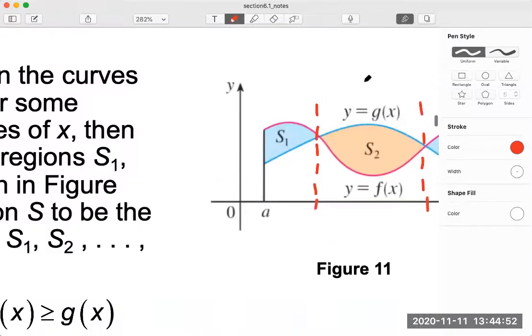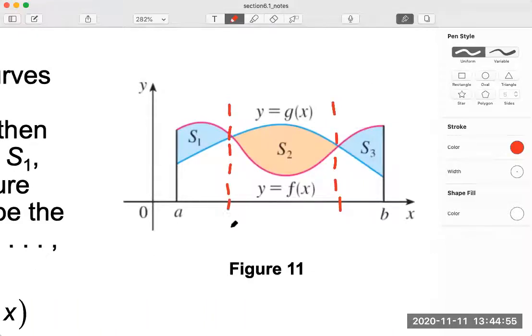According to this figure, suppose we call them C and D. The blue curve here is the curve y is equal to g of x. The red curve here is the curve y is equal to f of x. From the interval from A to C, which one is larger, F or G? Yeah, F is larger than G in this interval.